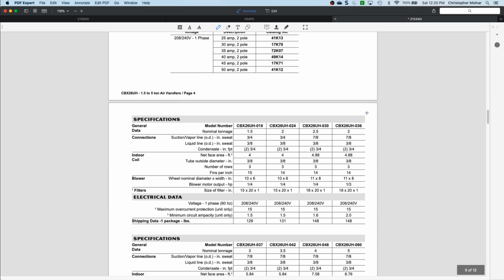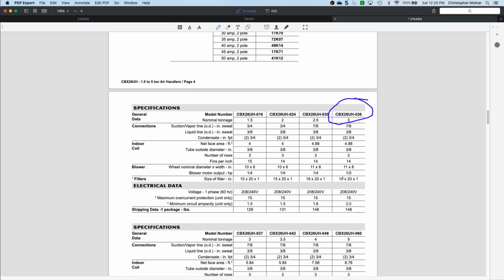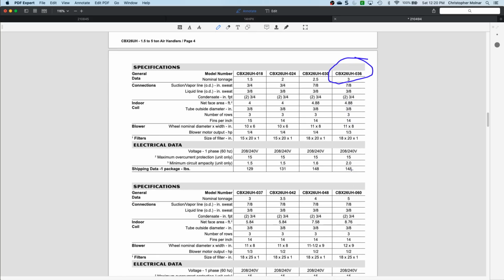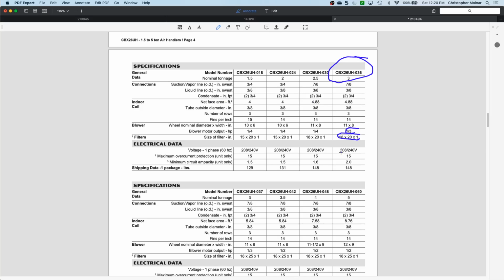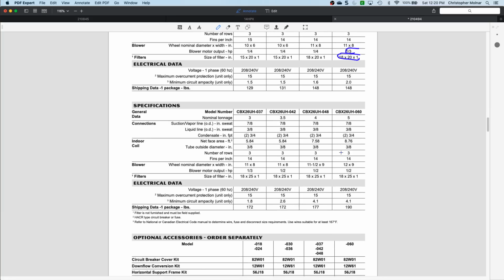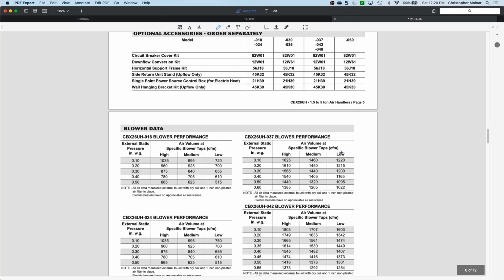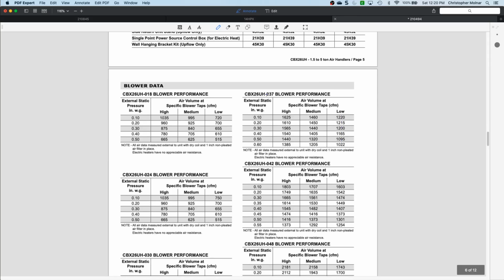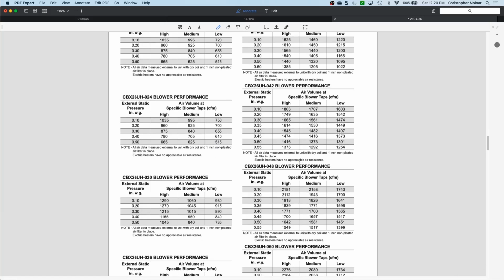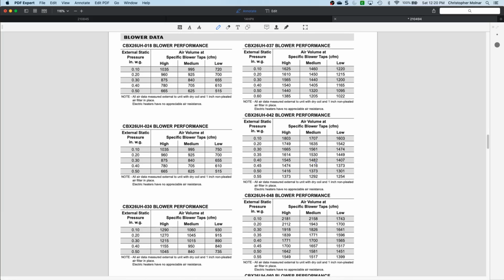For every unit that's part of the manual, including the one we're looking at, it tells you all the different numbers: electrical data, what the blower output is, what the filters are that are internal to the unit, and all about the coils. Everything you would need from an engineering standpoint. But from a technical standpoint, we're really worried about the blower performance.